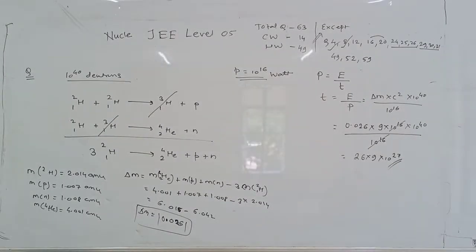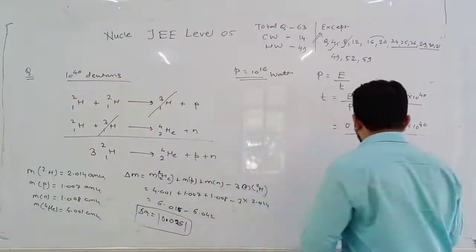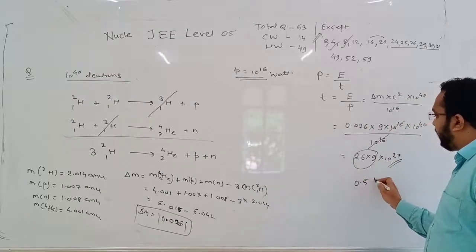Now suppose if you want the star to exhaust during a time of some order. To convert to order, what we need is this number should be between 0.5 to 5.